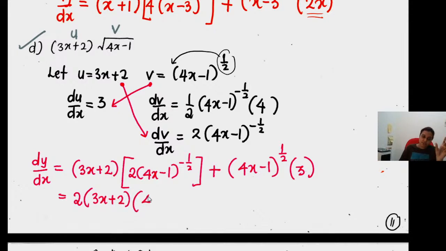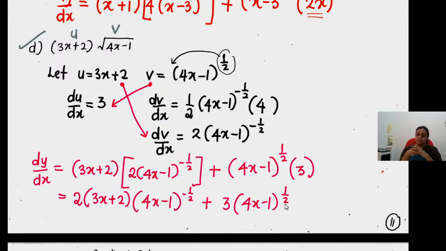Copy this also, (4x minus 1) to the power negative 1 over 2, plus, this is 3. So bring the 3 in front. See, numbers, all we bring to the front. (4x minus 1) to the power 1 over 2. So far so clear.